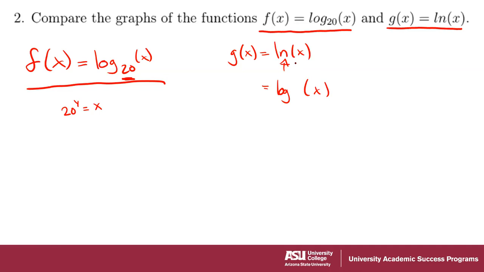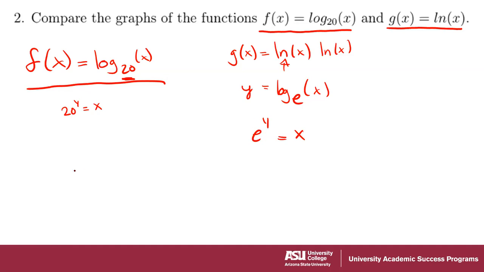Well, the natural log of x means we're using a base e. So if we see this, it's the same as this down here. Just one thing to keep in mind. If we want to rewrite that, we could write it as e to the y equals x.